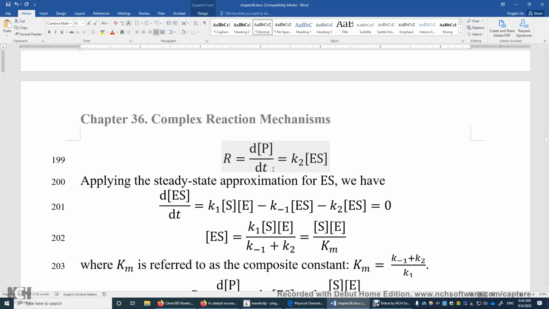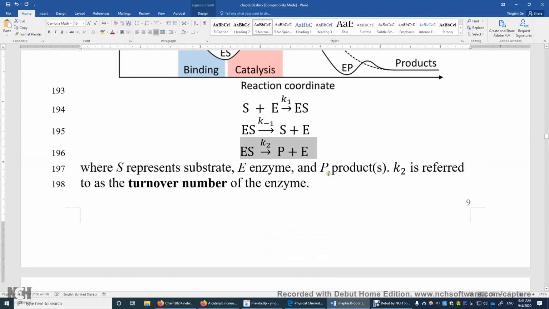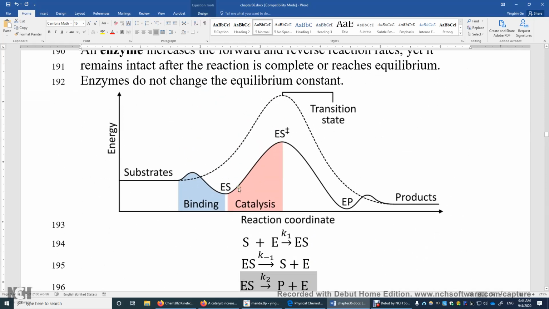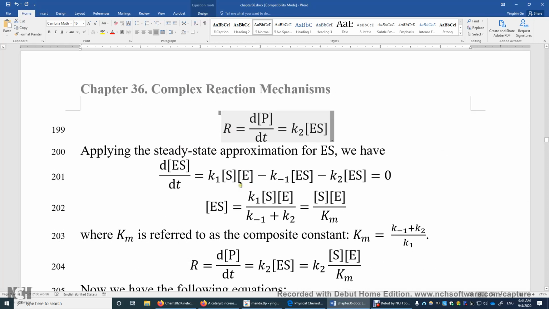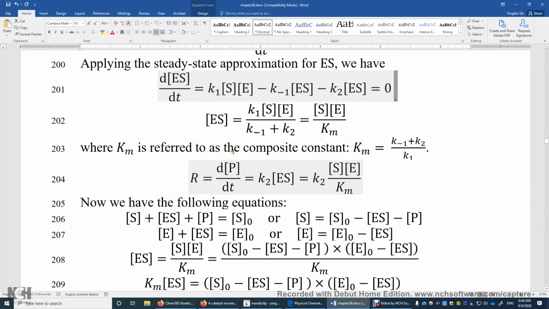So we're going to make steady state approximations to simplify the mathematics. Let's look at the ES complex. The ES complex is an intermediate. And usually this intermediate has a very low concentration. So what we do is this.